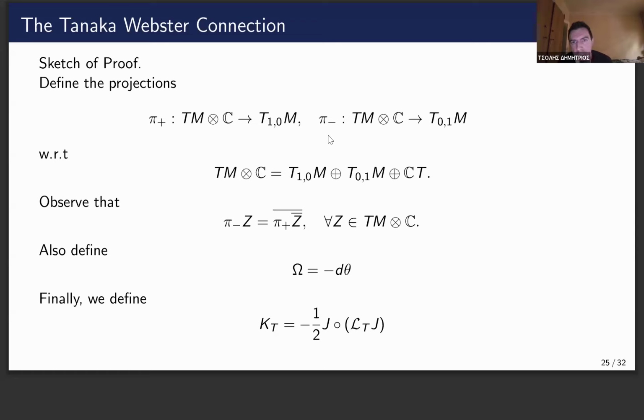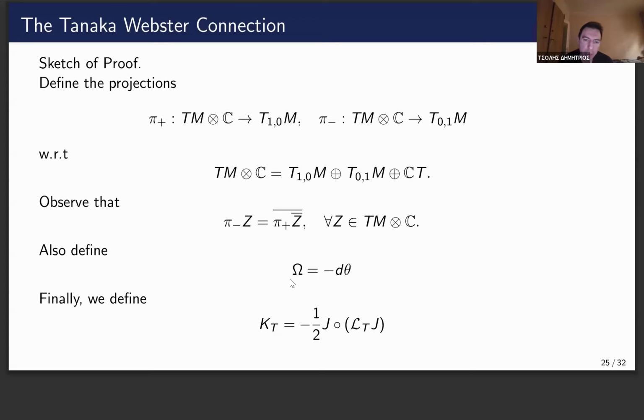And P minus is just the projection to the anti-holomorphic bundle. And we observe that this thing is true. Now we can see this from the definition of the holomorphic and anti-holomorphic bundles, and of course P plus and minus.